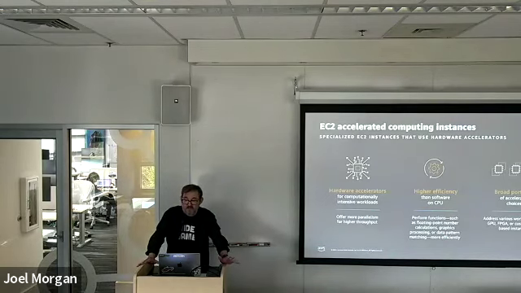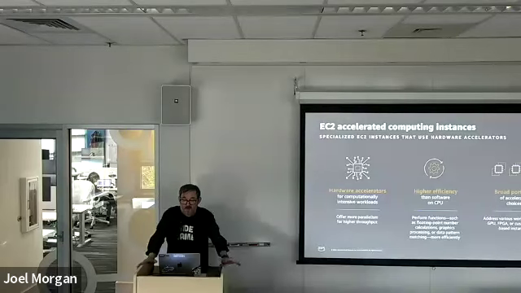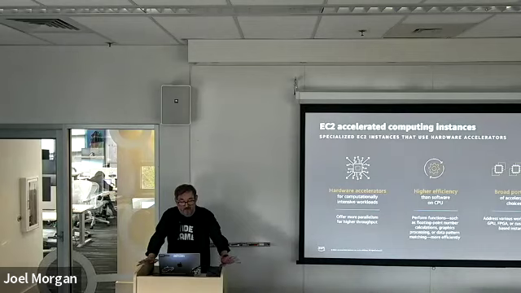So these instances enable more parallelism for higher throughput on compute-intensive workloads. If you require high processing capability, you'll benefit from using accelerated computing instances, which provide access to hardware-based compute accelerators such as graphics processing units, GPUs, field programmable gate arrays, or FPGAs, and AWS custom accelerators such as Inferentia and Trainium.